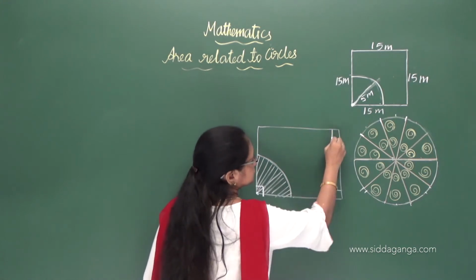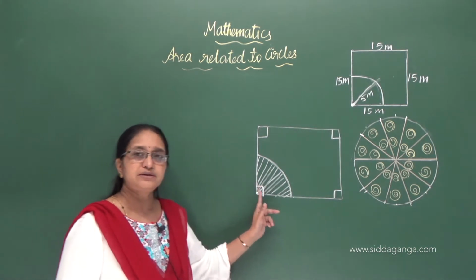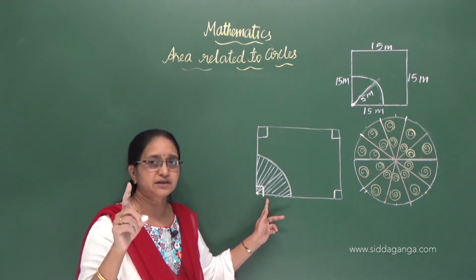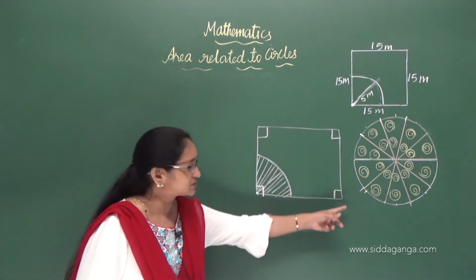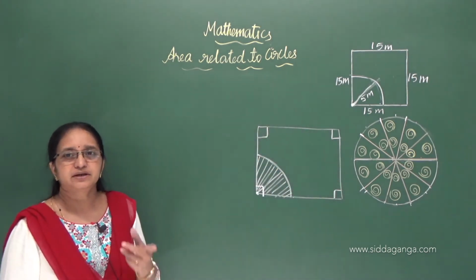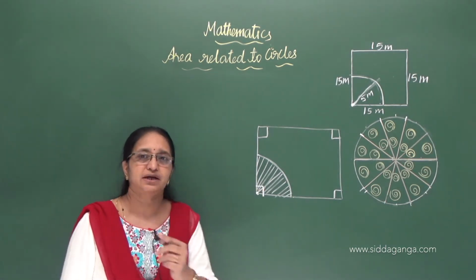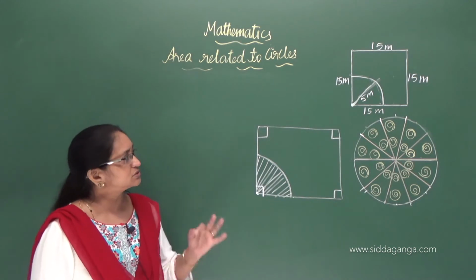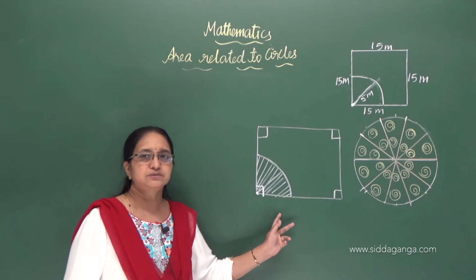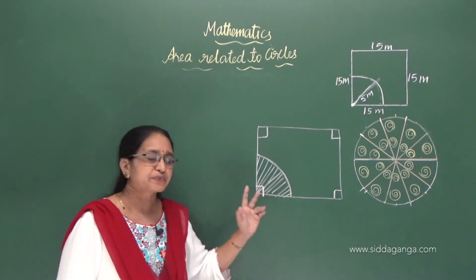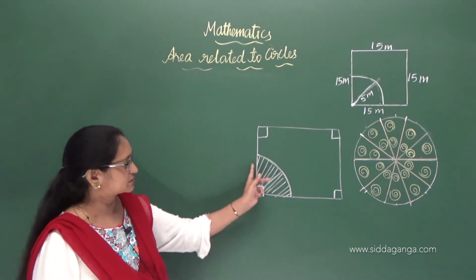The angle of the square is 90 degree, you all know. So you got the sector angle. They have not mentioned it, but when they have given that it is a square field, you should be able to identify that the sector angle is 90 degree. So two concepts should be very clear here. One is, since it is a square grass field, we have 90 degree as the sector angle. See, a sector is formed here.